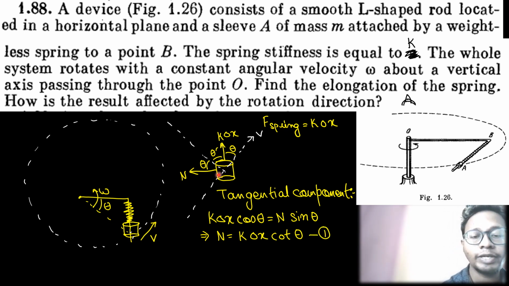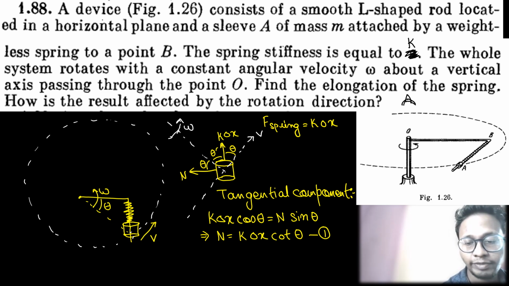For equation number 2, we'll get the centripetal part or radial part. What is the radial component of force? The radial component of force is K delta X cos theta dash, or K delta X sine theta, plus N cos theta. And if this rod is moving with omega angular velocity, this rod will also move with omega angular velocity. Understood?